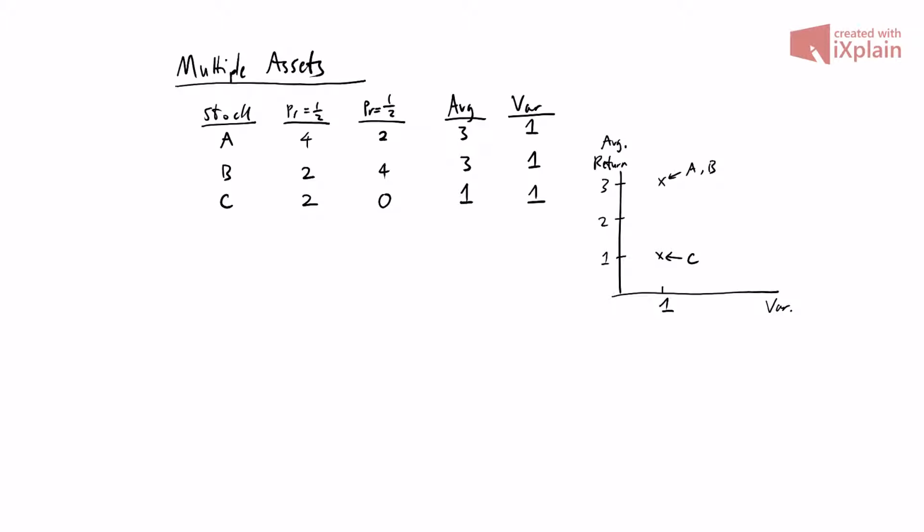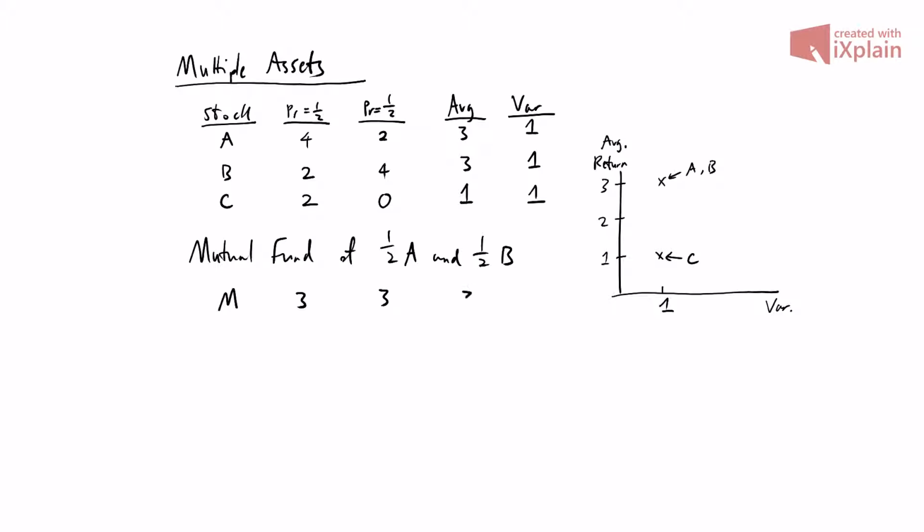Now, we can form a mutual fund of half A and half B. Let's call this M. For M, half of the time you get the average of A and B. The other half, you also get the average of A and B, which is 3 in both cases.